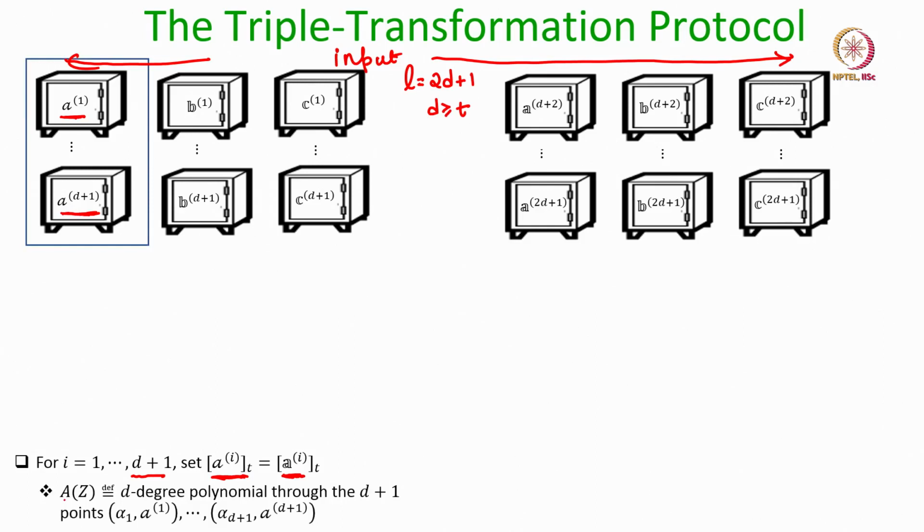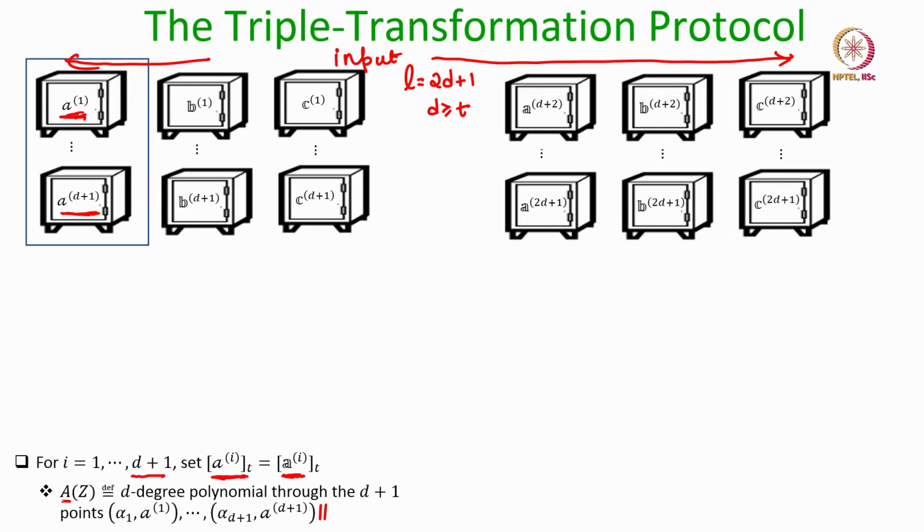Now, the A polynomial is defined to be the unique d degree polynomial passing through the d plus 1 distinct points which are written down here. Namely, we assume that A is the d degree polynomial over which the A components of the first d plus 1 output triplets lie.